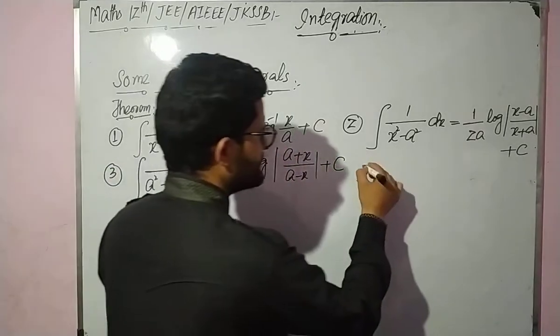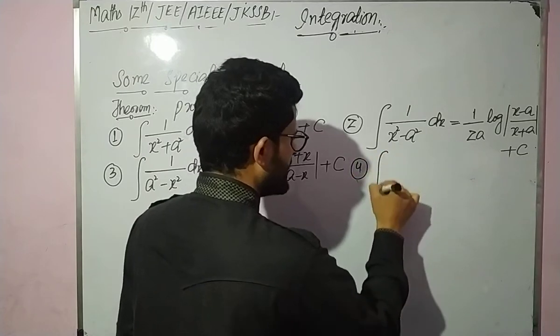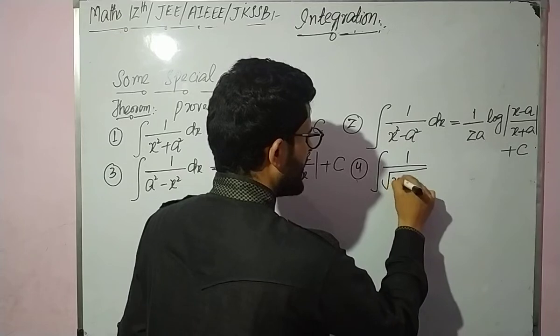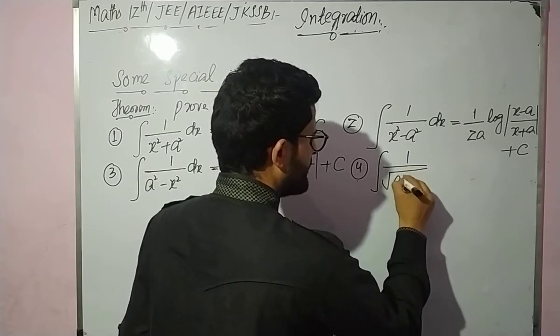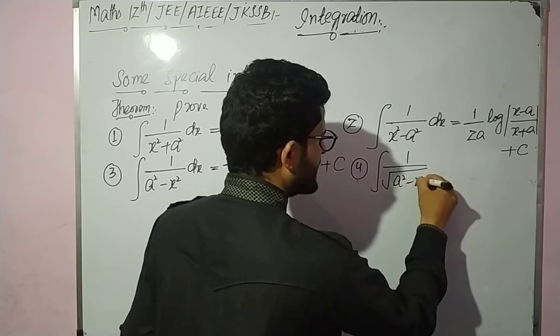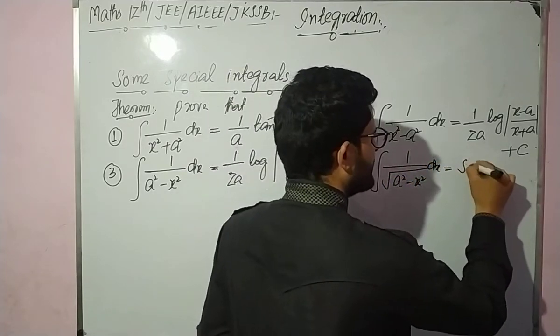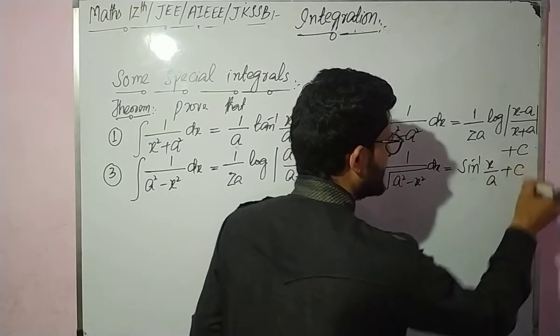The fourth standard integral that we are going to prove is integration of 1 divided by square root of a square minus x square dx, and that is equal to sine inverse of x divided by a plus c.